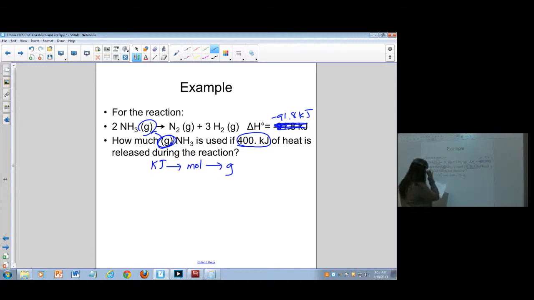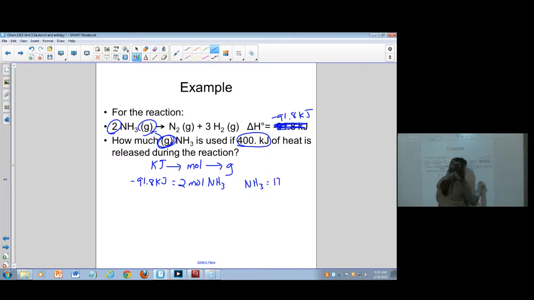We've got an equality that says negative 91.8 kilojoules is equal to 2 moles of ammonia. Okay, that's from our balanced equation. I know the enthalpy, and I know there's 2 moles because the coefficient is 2 here.